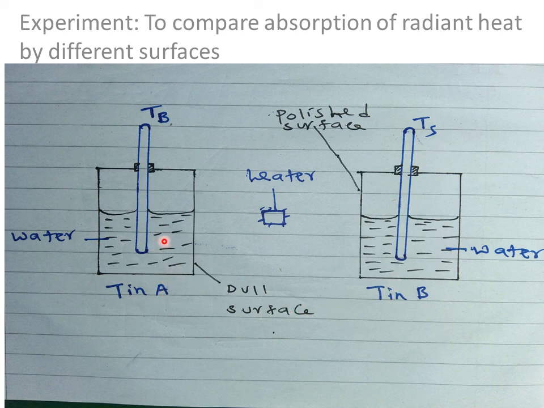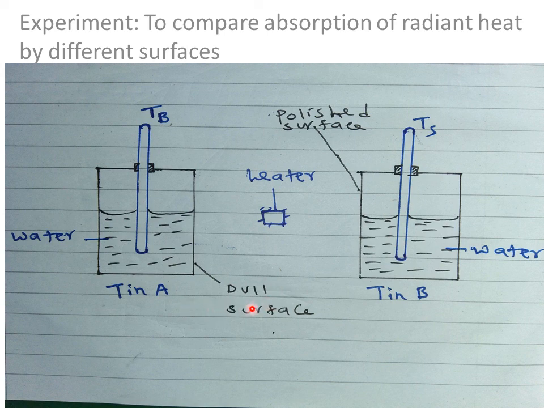Then we initially fill the tins with water to exactly the same level. Remember, we are keeping similar conditions. So you fill the water up to this level, you also fill this can with water up to this level, and then we of course cork it at the top, we also cork it at the top. The only difference here is the nature of the material used to make the tin.